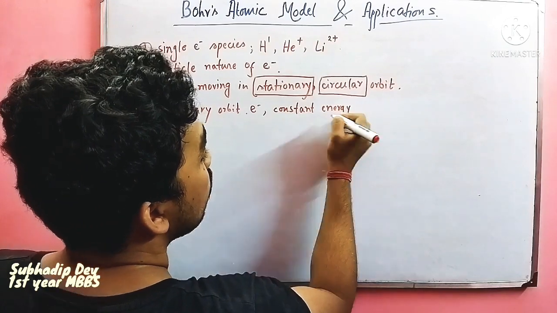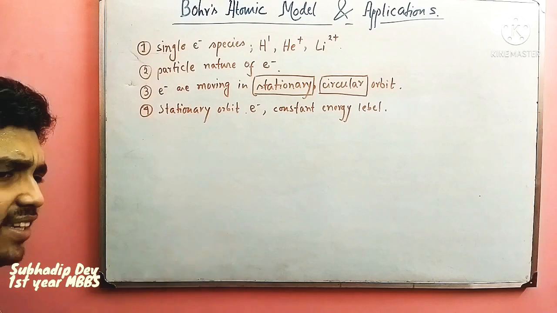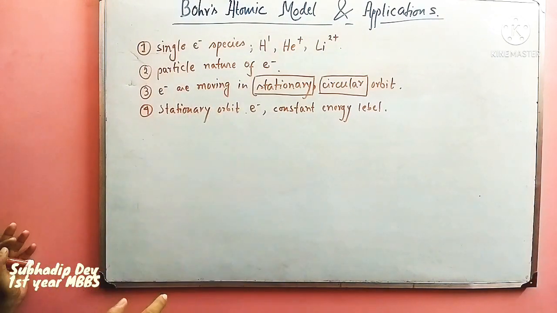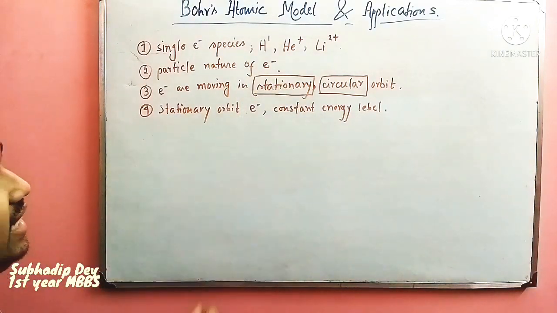He also concluded this: Bohr did not tell that electrons can move in any orbit. Rather, he specified the orbits. Let's see how.